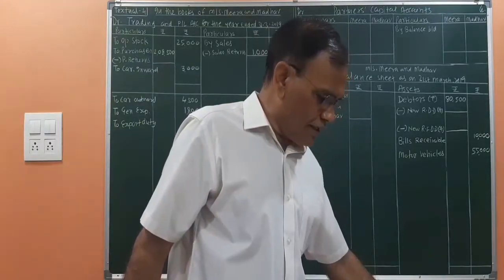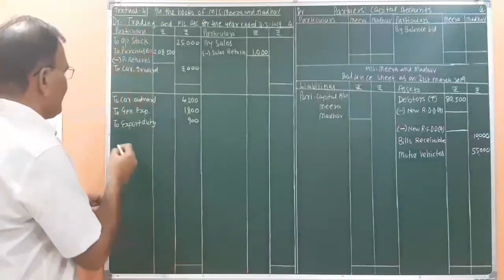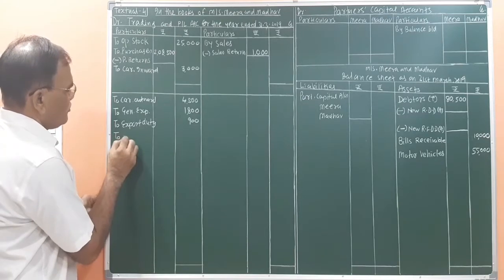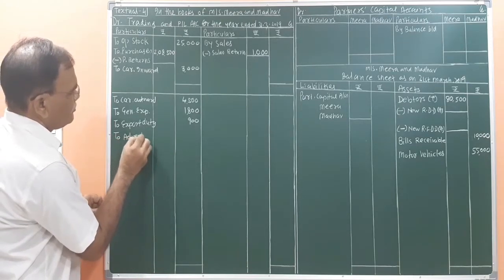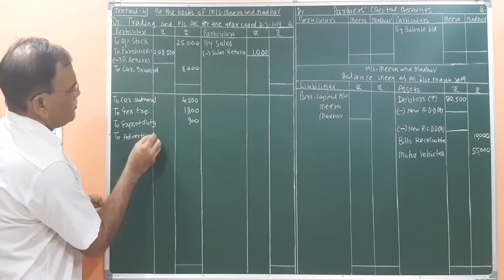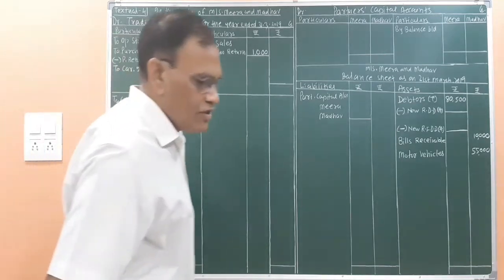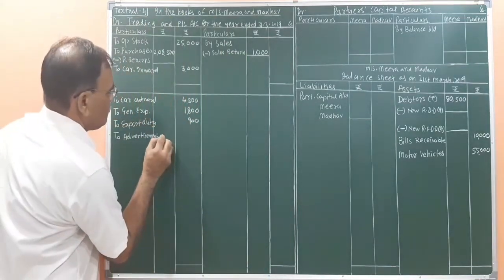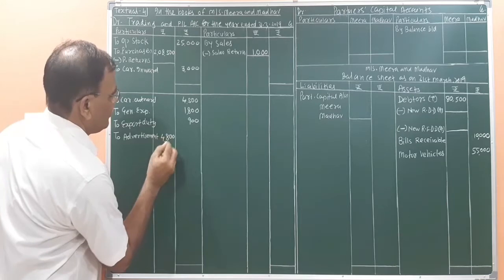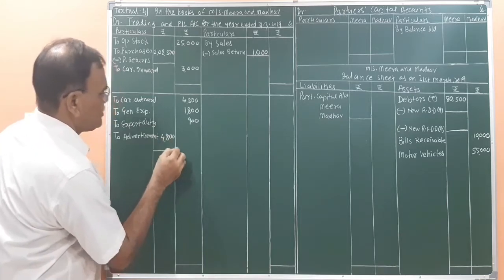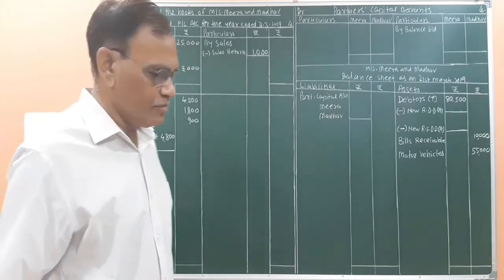Advertisement 4,800. So to advertisement 4,800 in the inner column because there is an adjustment.